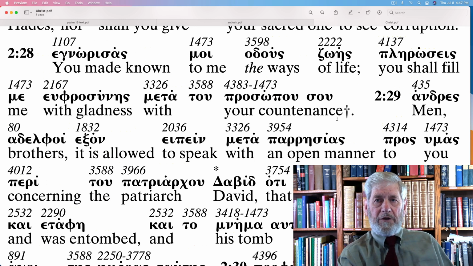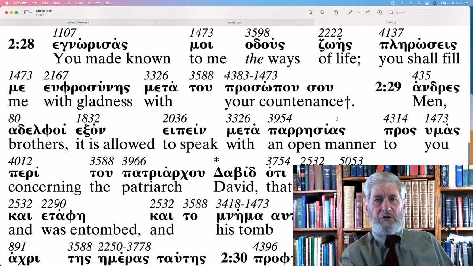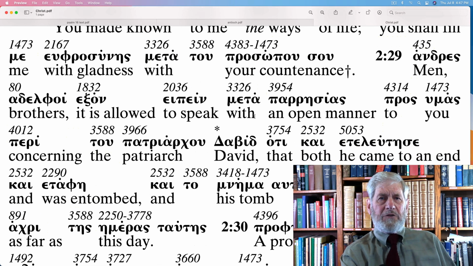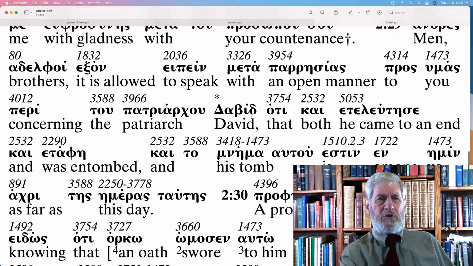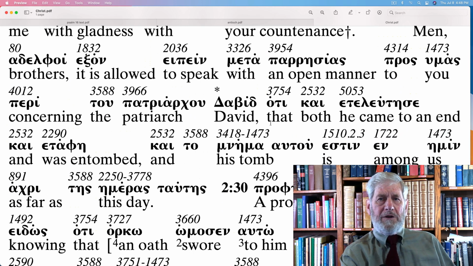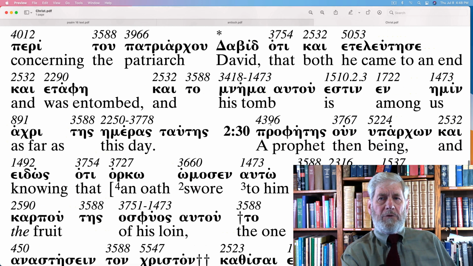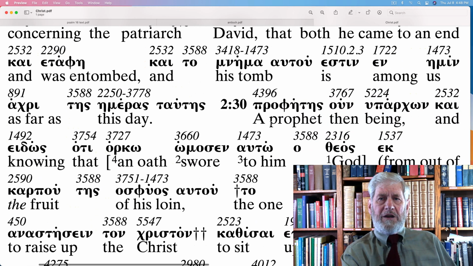He uses that. And then he continues, and Peter says, men, brothers, it is allowed to speak with an open manner to you concerning the patriarch David, that both he came to an end and was entombed, and his tomb is among us as far as this day.